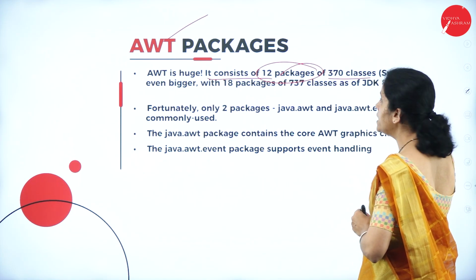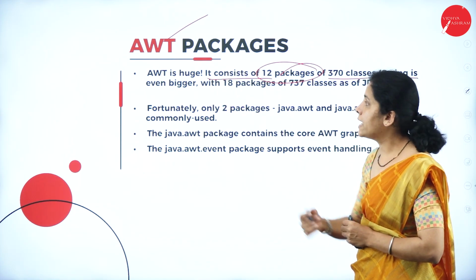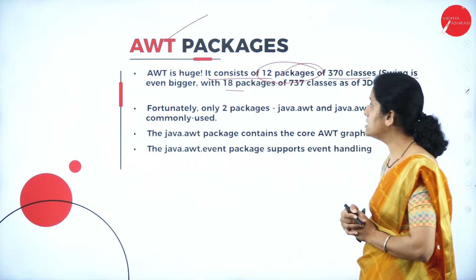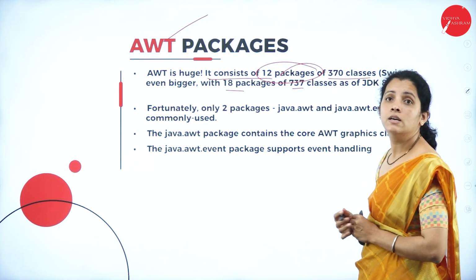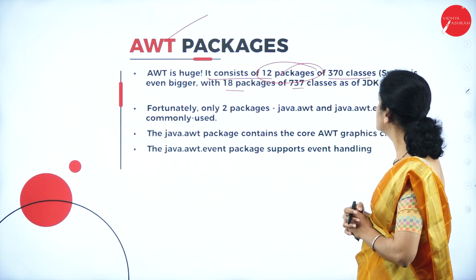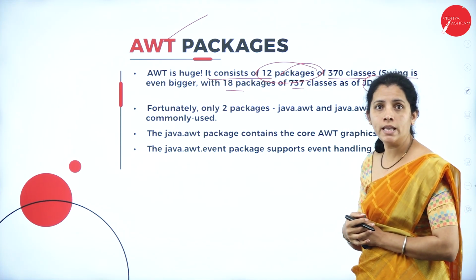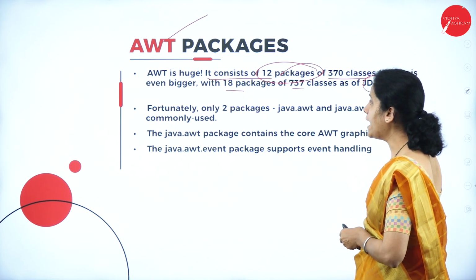Even Swing is bigger than AWT and it provides 18 packages, in which we have 737 classes, and we can find Swing in JDK 8.